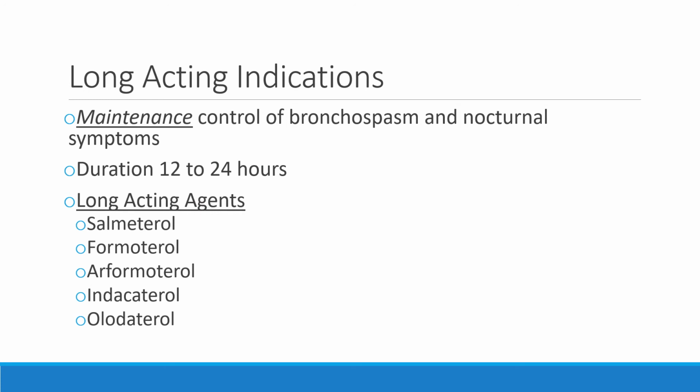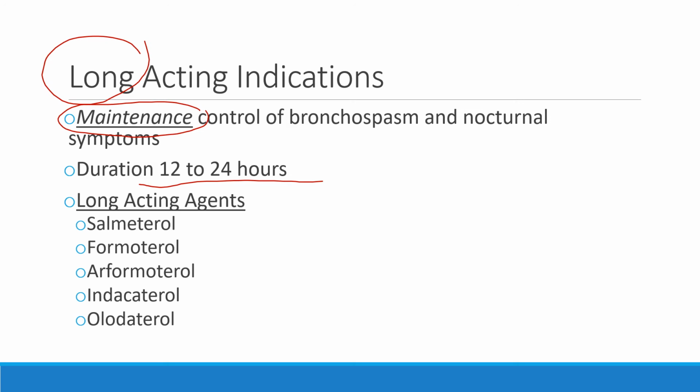Long-acting agents are used for maintenance, when it's already controlled: maintenance control of bronchospasm and nocturnal asthma symptoms. These last a lot longer, 12 to 24 hours, so they're usually either once a day or BID, twice a day.